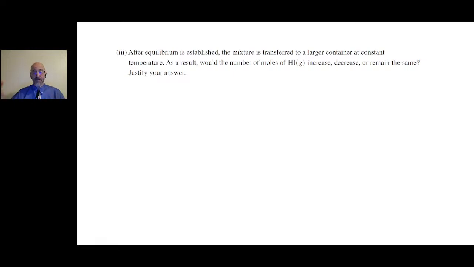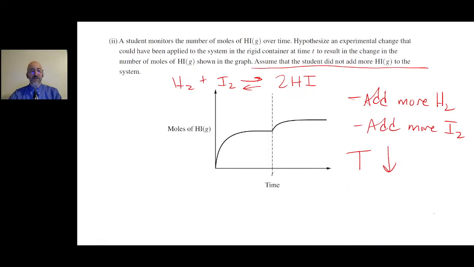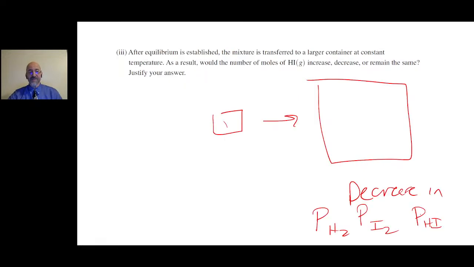Normally, if you transfer something to a larger container, that would cause a decrease in the partial pressure of all of these chemicals. So we have partial pressure of iodine, hydrogen, and HI. But because we have this particular expression with 2 moles of HI, that number squared, divided by hydrogen and iodine, same number of moles of gas, there'd be no change.